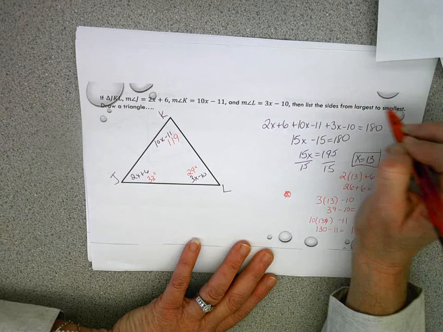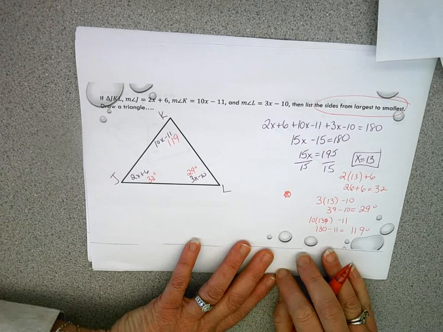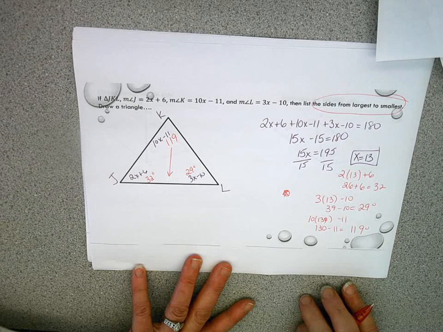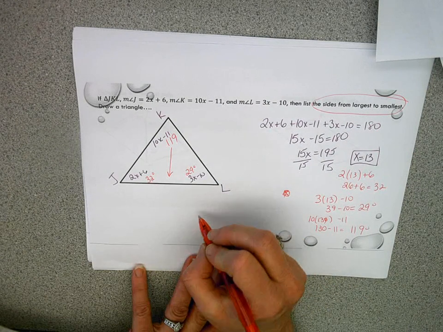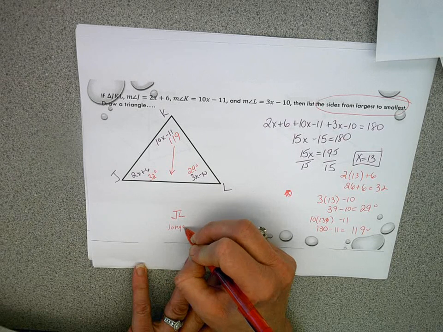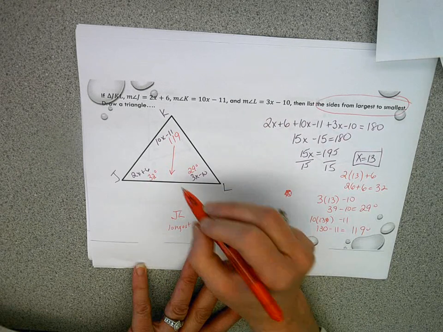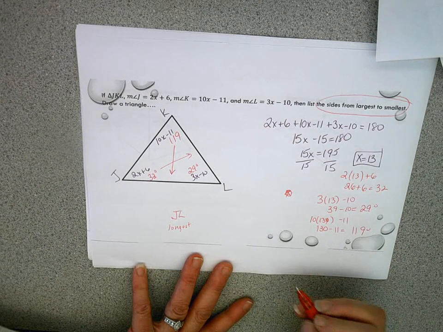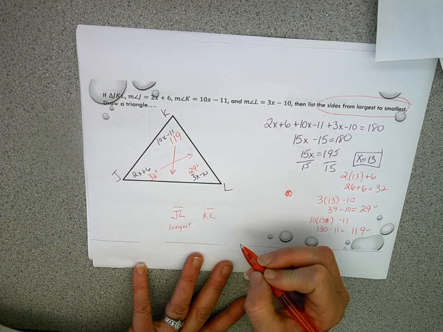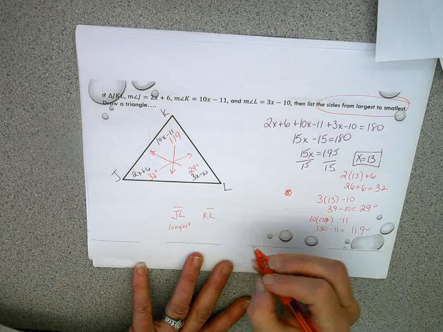We're supposed to list the sides from the largest to smallest. So the side across from the largest angle, which happened to be K, has to be the longest side. So JL is the longest. The next one would be across from the 32. KL would be the medium one. And then the shortest has to be across from the 29.